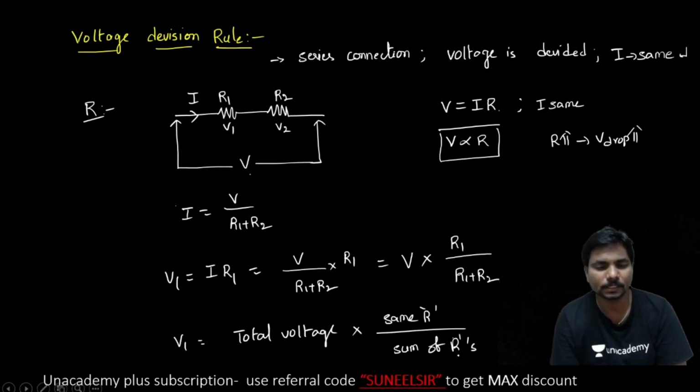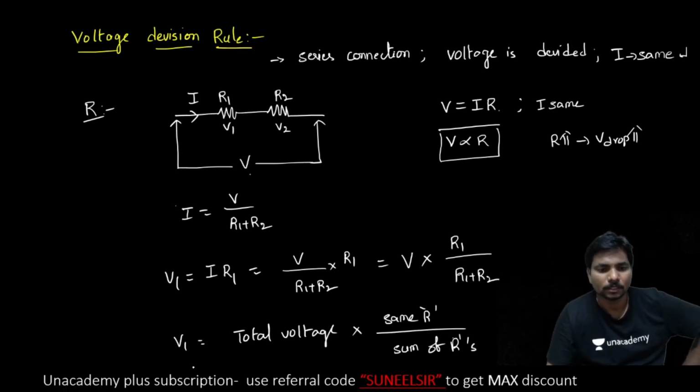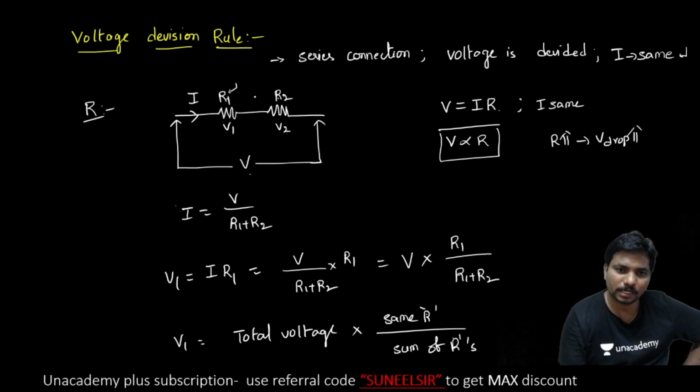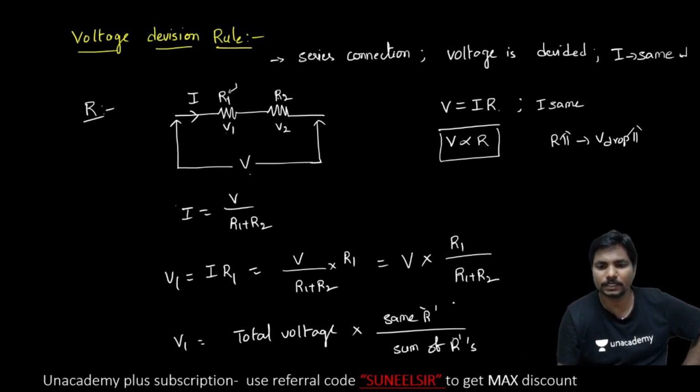All of you getting? The simple formula is that the voltage across any element is equal to the total voltage into that corresponding resistance by the sum of the resistances, R1 plus R2. So V1 is total voltage V into R1 by R1 plus R2. In this way you can find the voltage across any element.